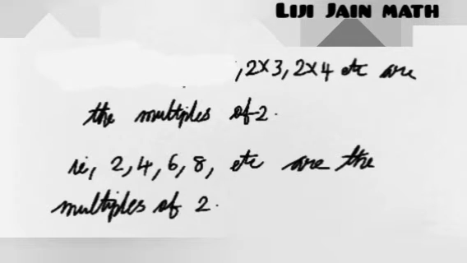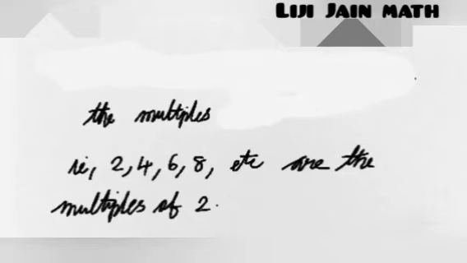Now let's consider one more. Example B. Can you say which are the multiples of 7? 7 ones are 7, 7 twos are 14, etc. are the multiples of 7. It will go on like this. Why? We can multiply 7 by 1 lakh. If we want, we can multiply 7 by any larger number. That is also a multiple of 7. So, it has no end point.